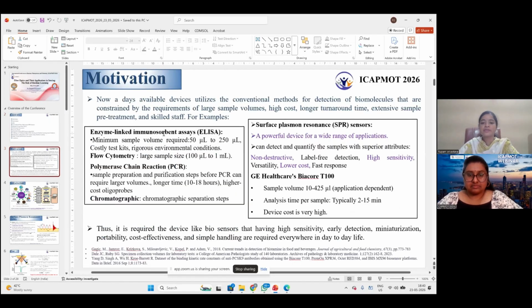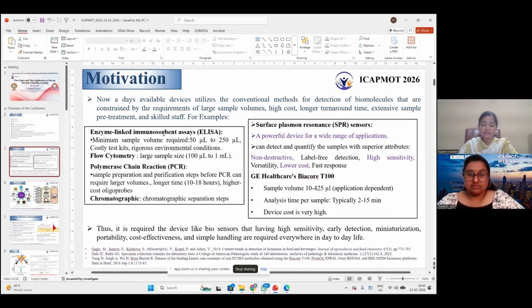So first of all, I would like to discuss the motivation behind using surface plasmon resonance based sensors. Conventionally, there are many methods, like ELISA, PCR, flow cytometry, chromatography. These methods are used to detect various bioanalytes, but there are some limitations in the conventional methods.